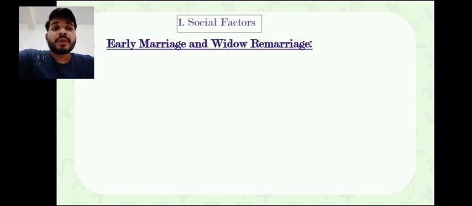Whereas earlier, under the Sati system, widows were not able to remarry. They had to be buried if their husband died. So this was the system in earlier times, but the Britishers removed the Sati system, and then the widow remarriage system came. But before that, early marriage, Bal Vivaha, existed.